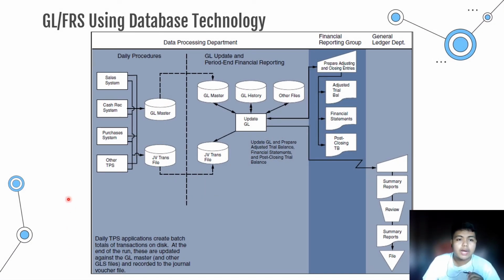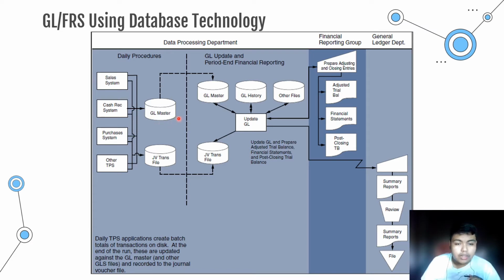And now, general ledger or financial reporting system using database technology. Dito naman, itong different system na to, sales system, cash receipt system, purchase system, and other system, yung mga transaction dito ay ipopost sa general master file.